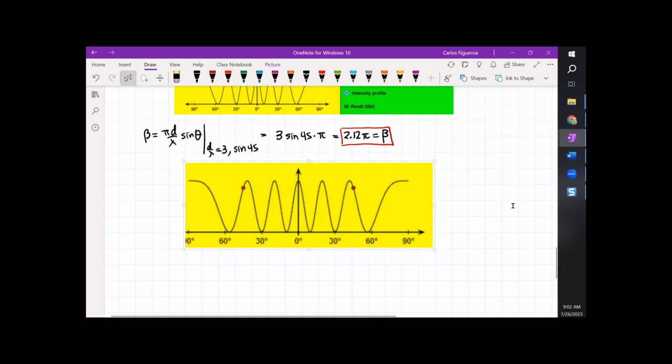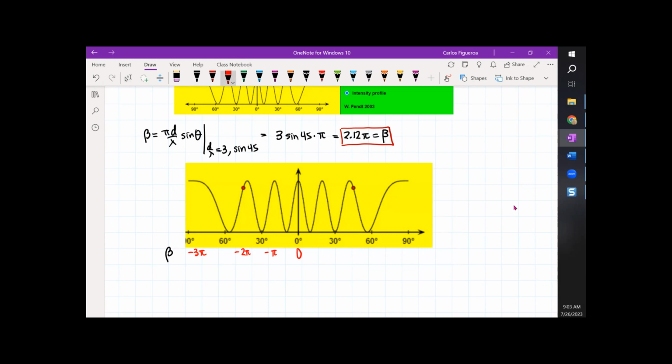And let's start labeling these. If I put in beta here, what do we know about beta? Well, beta tells me that this has to be 0. The first one has to be pi. This one has to be 2 pi. And then this one is 3 pi here, all with signs.